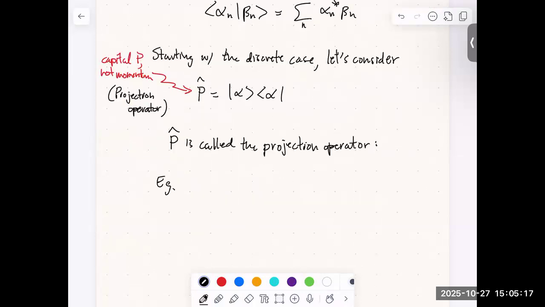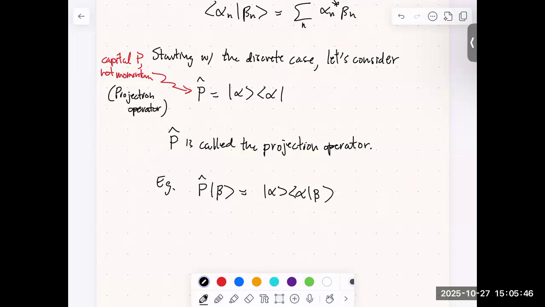So, for example, let's consider P hat acting on some state beta. Well, just following our definition, P hat is this alpha object. This is sometimes called the outer product, just in case you ever come across that term.